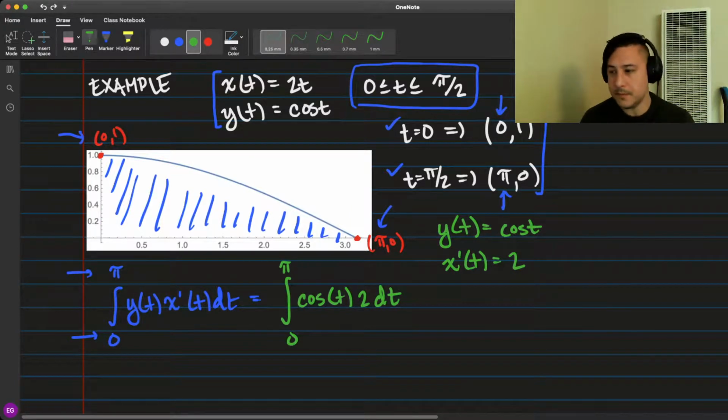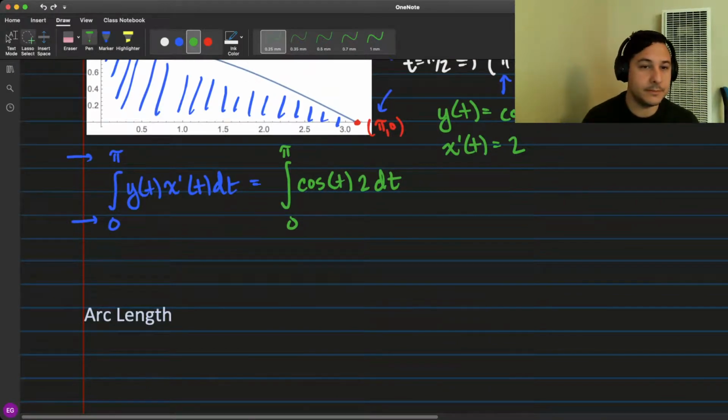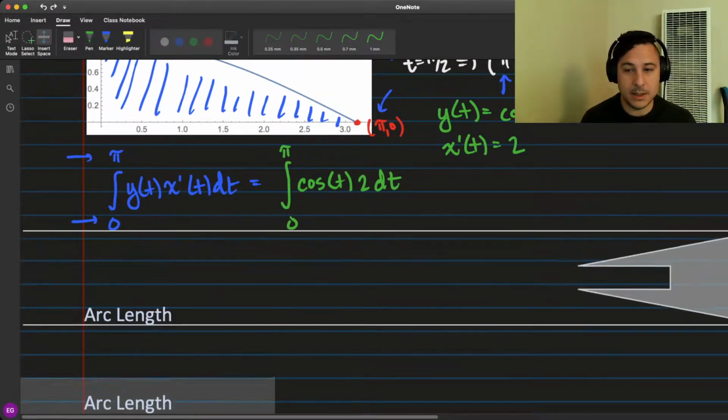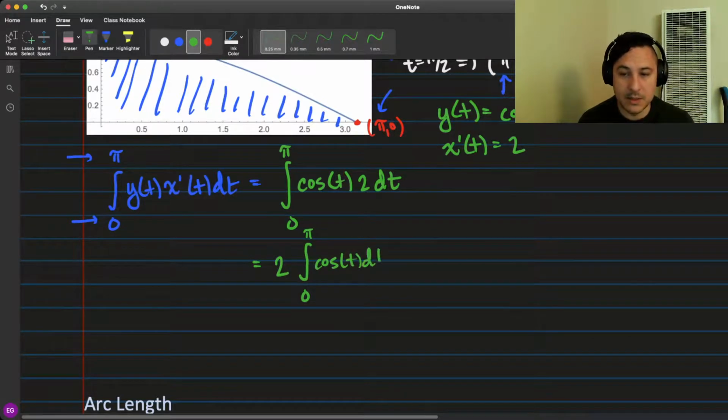Now this is not too difficult to integrate. Let's make a little more space. You could factor out the 2, or use the integration properties. What's the antiderivative of cosine?